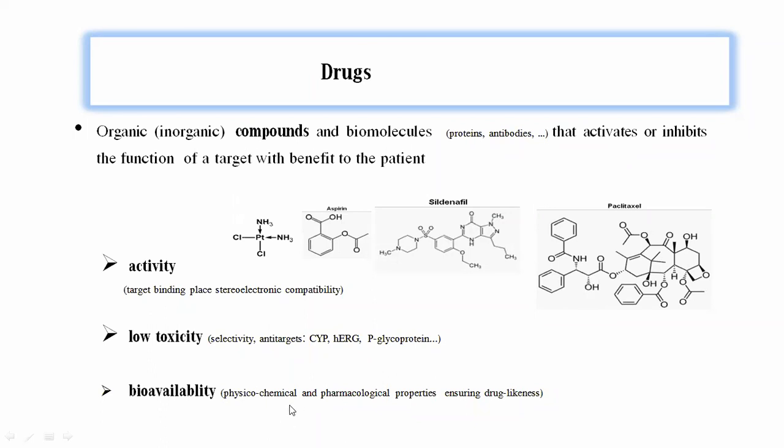Now this drug molecule has its own physical and chemical properties. How these physico-chemical properties will affect the mechanism of action, the intensity of the treatment, and the dose of that drug molecule, that means the pharmacological properties, that is the drug likeliness.